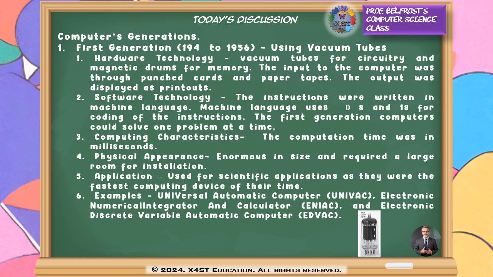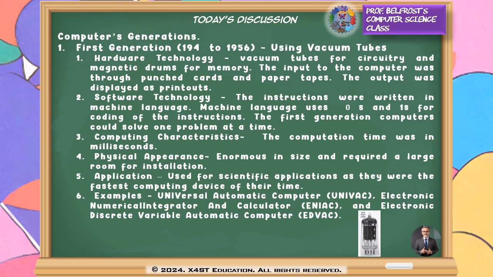Vacuum tubes generate a lot of heat, so we have a huge power loss here, and they consume a great deal of electricity. Also, these machines were prone to malfunctioning and required constant maintenance.